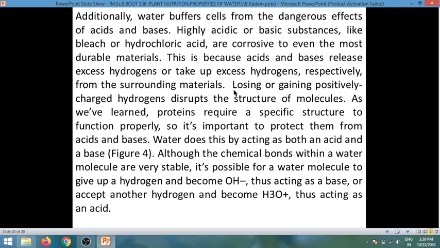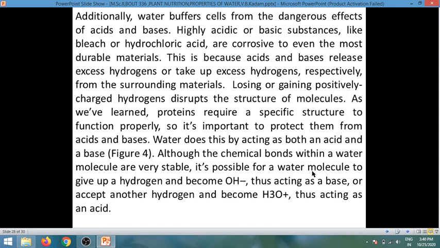Losing or gaining positively charged hydrogens disrupts the structure of molecules. As we have learned, proteins require a specific structure to function properly, so it's important to protect them from acids and bases. Water does this by acting as both an acid and a base. Also, the chemical bonds within water molecules are very stable.